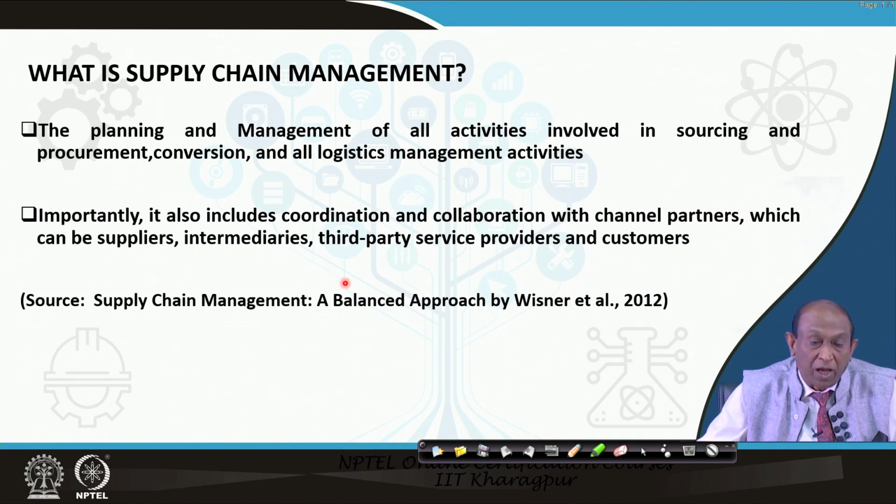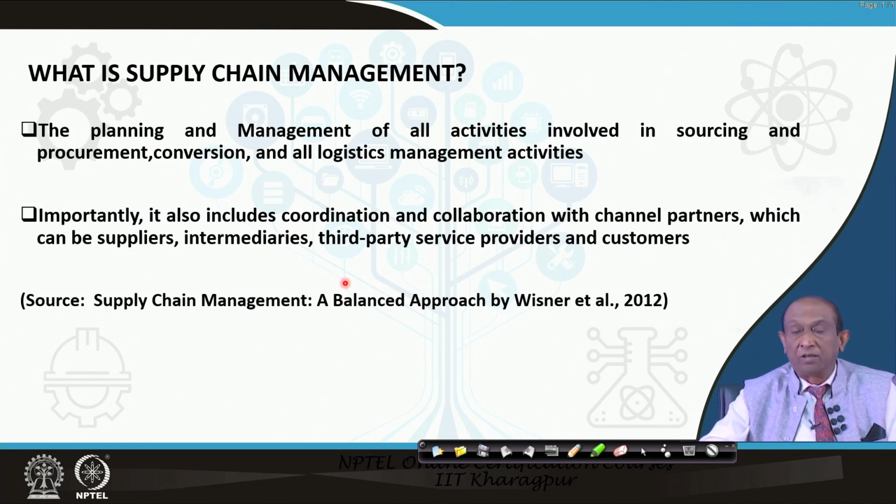So, summing up, supply chain management is basically the planning and management of all activities involved in sourcing and procurement, conversion and all related logistical management activities. Importantly, it includes coordination and collaboration with channel partners, which can be suppliers, intermediaries, third party service providers and customers. So, this is all about supply chain management.